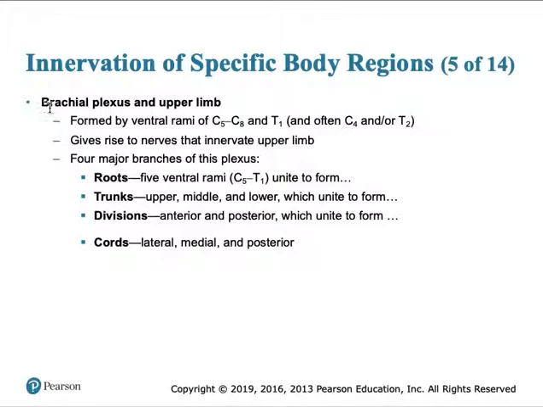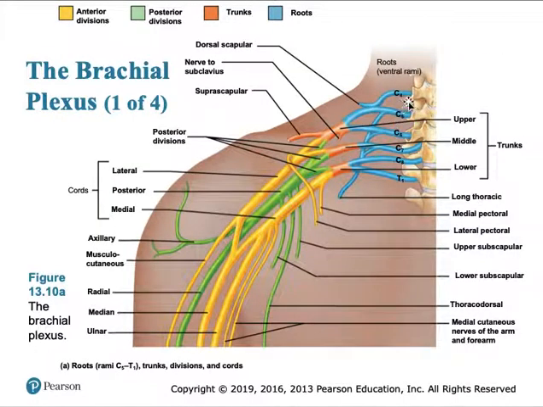So when we talk about the brachial plexus, we're talking about all those nerves that come together to form a network coming out of the same region of the spine, in the end of the cervical region down into the thoracic region, that's going to service the arms. So when you think brachial plexus, think arm nerves, the network of nerves coming out to service the arm.